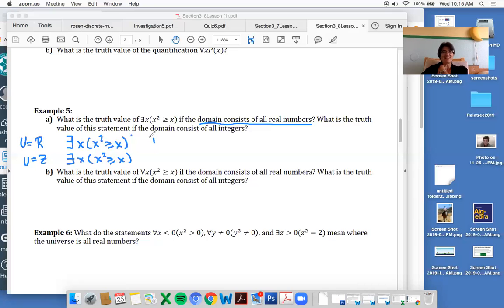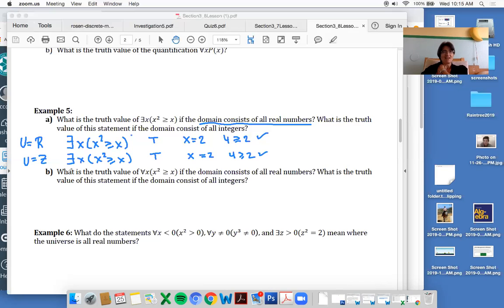Yes. Because I could say, well, how about if x is 2? And I know 2 squared is going to be bigger than 2. So yeah, I could find the value of x for which that is true. And same for the integers. I could also take 2. I can find a bunch of integers for which that is true.